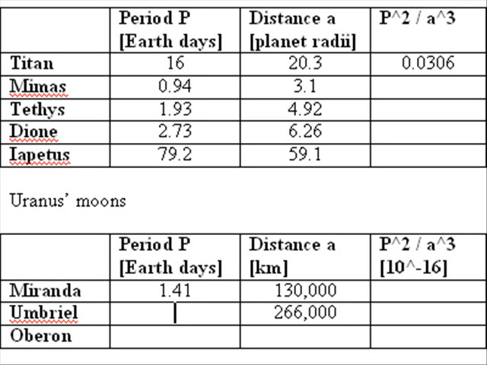So here we're going to put in the data: 4.1 days for Umbriel, 13.5 days for Oberon, and we had 580,000 for Oberon's distance, in kilometers, of course.